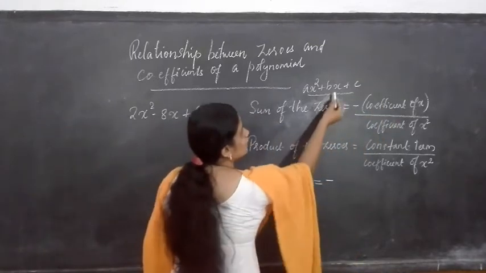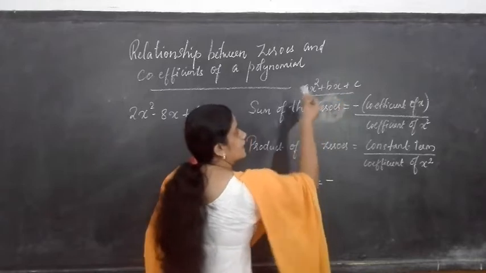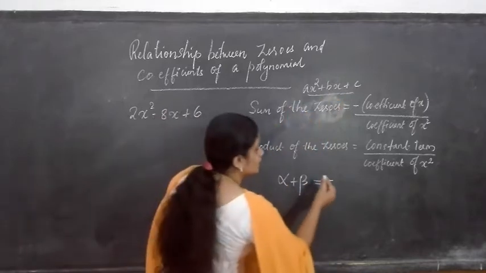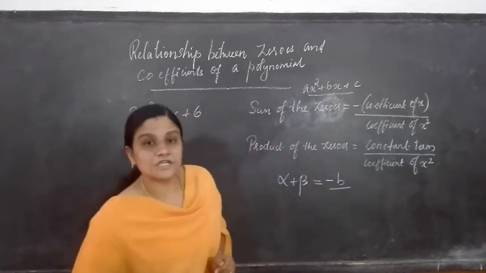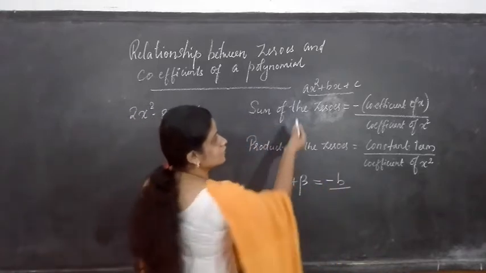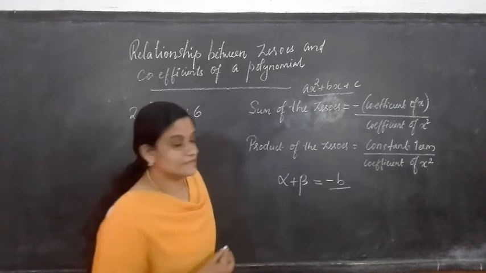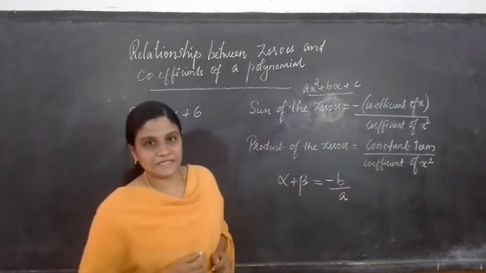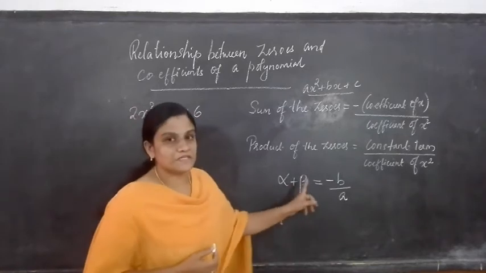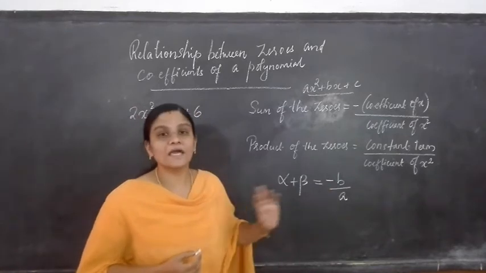So here, what is the coefficient of x? It is b. So minus b by coefficient of x square. What is the coefficient of x square here? It is a. So that is minus b by a. Alpha plus beta is equal to minus b by a.